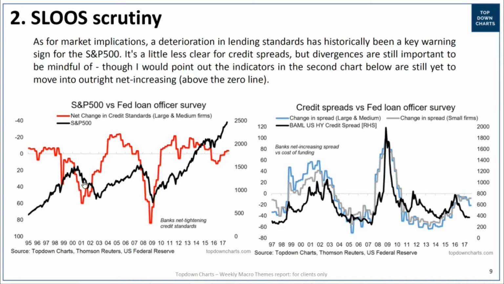It also worked in this manner at the top of the dot-com boom. So this really is something you need to have front of mind. It's one of the key indicators that we watch and stay on top of for our clients. You can see that you had a bit of a yellow or orange light there, if you think about traffic lights.